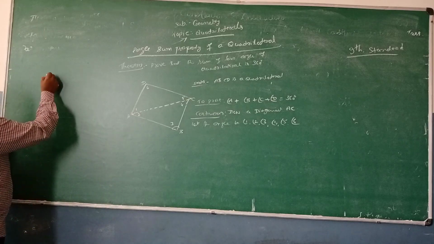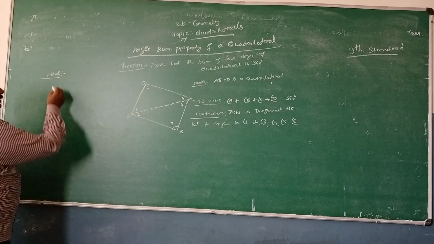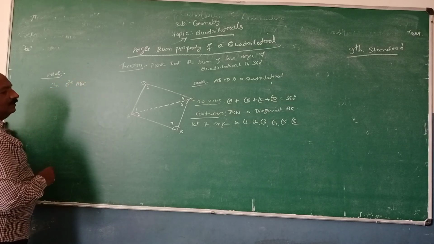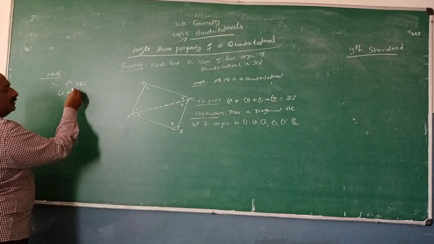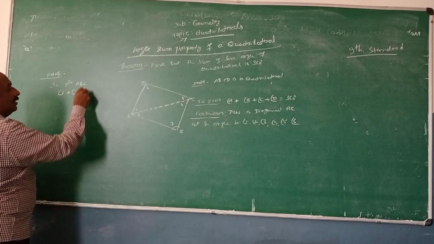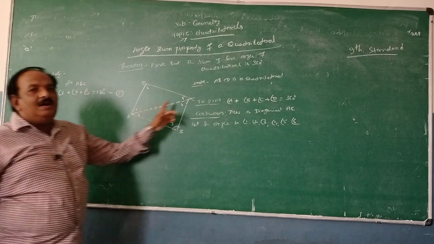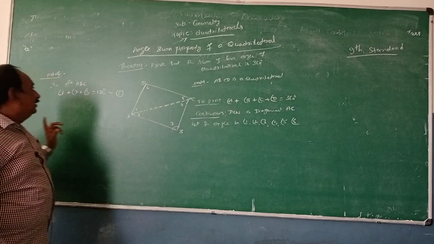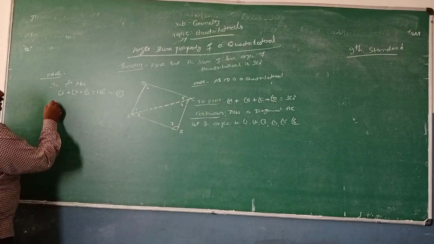AC is a diagonal. Next, proof. In triangle ABC, angle 2 plus angle 3 plus angle 4 is equal to 180 degrees, because the sum of the 3 angles of a triangle is 180 degrees.